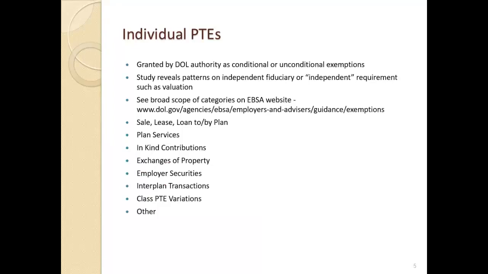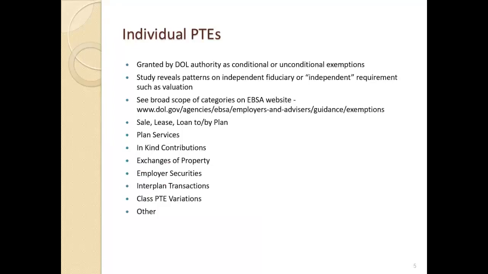So these are just some of the areas in which we've seen class exemptions, and it's a pretty powerful list. There are also individual exemptions. I think the exemptions obviously have gotten a lot more complicated over the years because our financial services and products have gotten a lot more complicated.